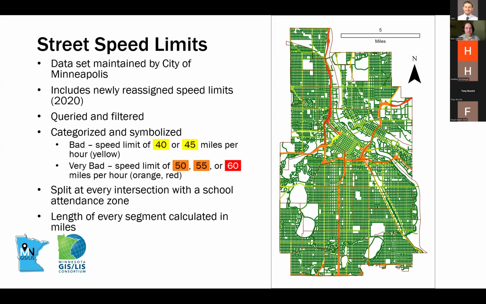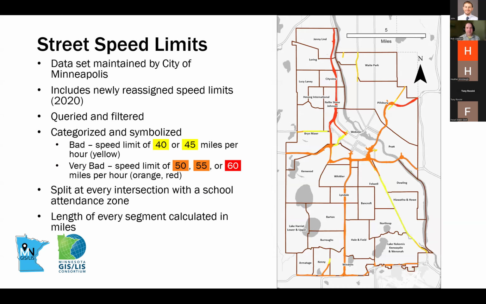In this data set, I removed low speed streets so that I could focus on streets that had dangerous speed limits. So I categorized bad streets as those with 40 or 45 mile an hour speed limits, shown here in yellow. And I categorized very bad streets as those with speed limits in the 50s or 60s, shown here in orange and red, respectively. I again split them at every place where they crossed a brown polygon, and I again calculated the length of each segment in miles.